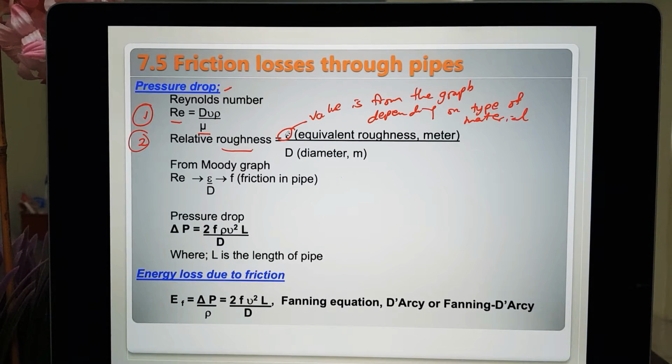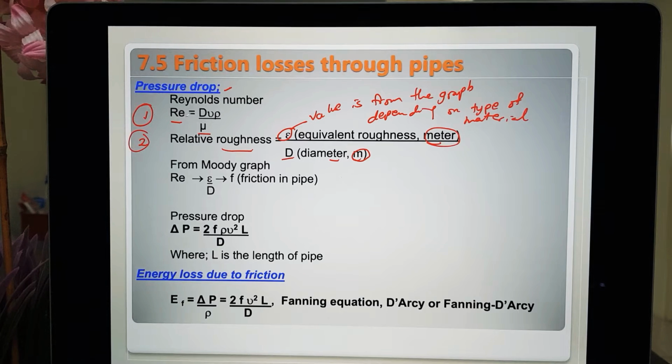Epsilon is the equivalent roughness, and the unit is meter, and it is divided by the diameter, D, with the unit in meter. So relative roughness has no unit, Reynolds number has no unit, because all the units have been cancelled out.